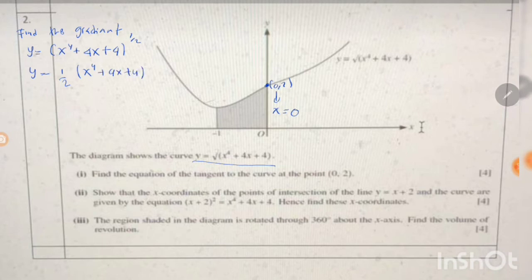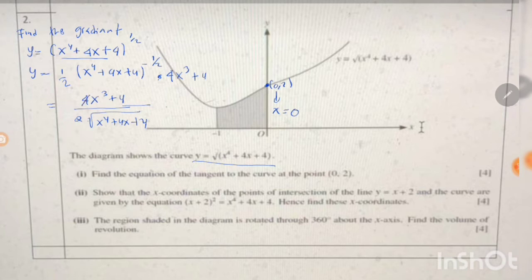This is to the power of minus 1 over 2, and then the derivative of the inside, you have times 4x to the power of 3 plus 4. So you have (4x to the power of 3 plus 4) over 2 times the square root of x to the power of 4 plus 4x plus 4, right?